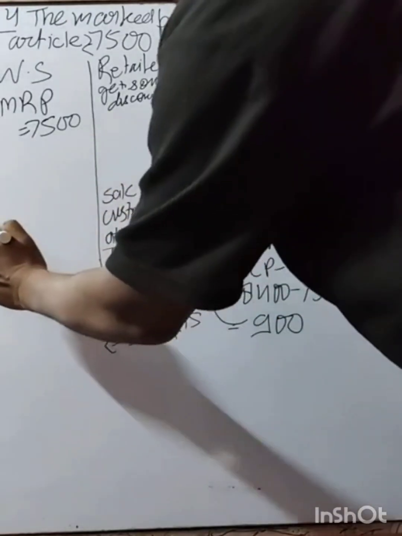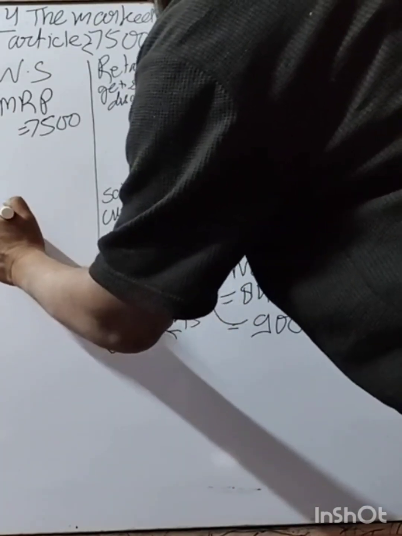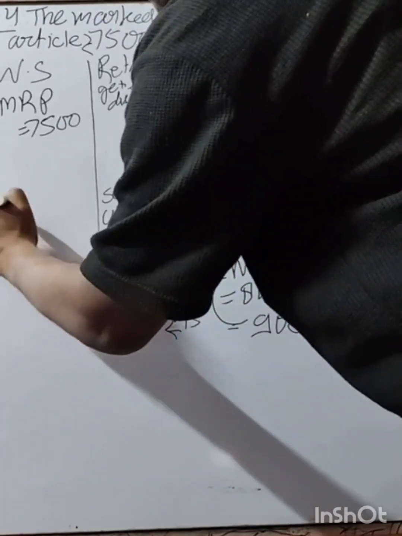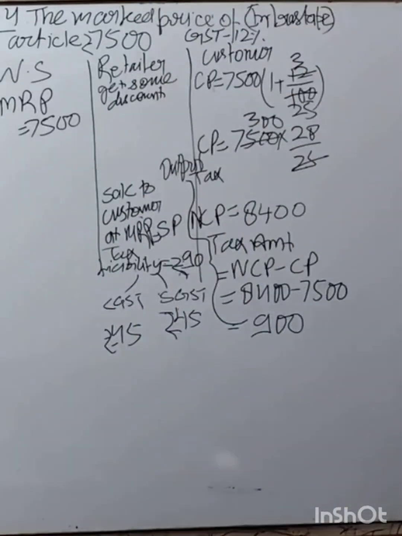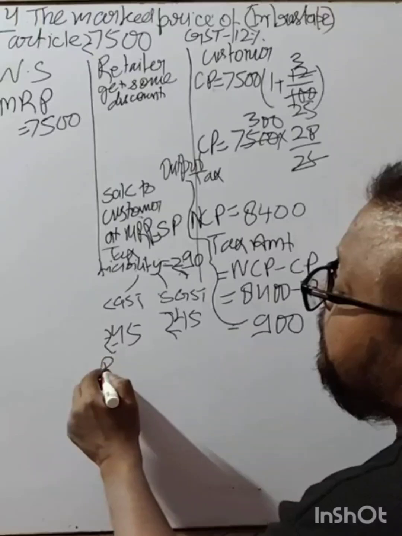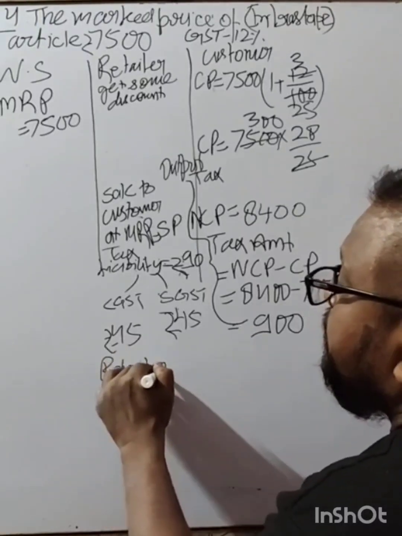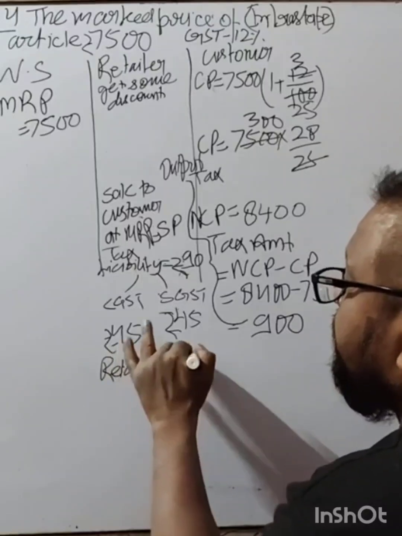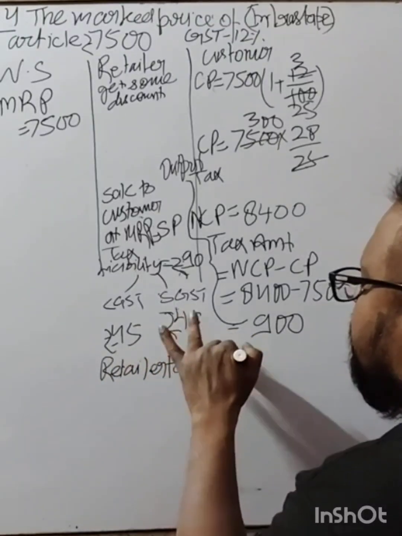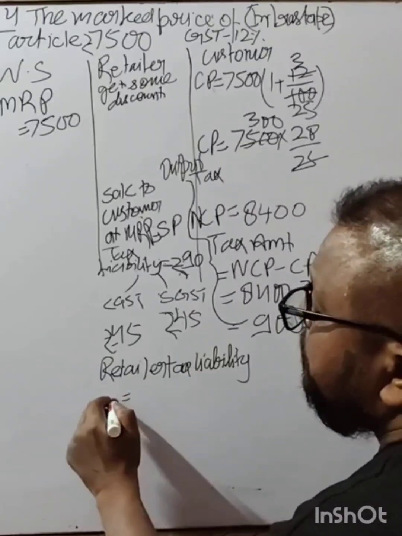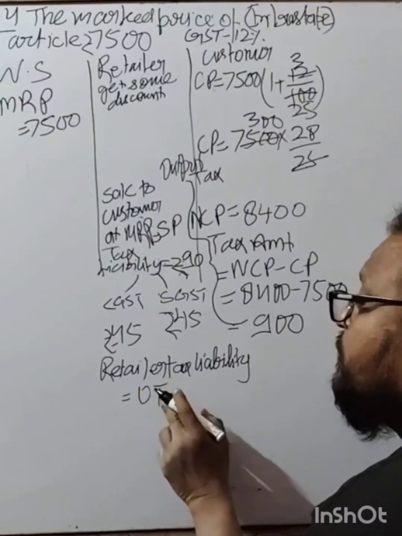So now the retailer's tax liability is equal to output tax minus input tax.